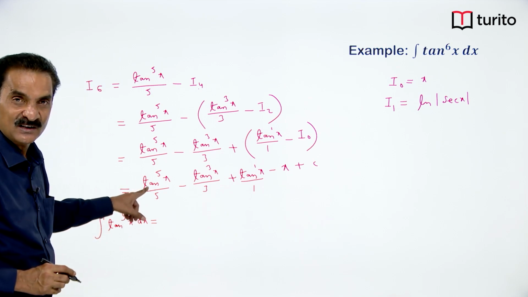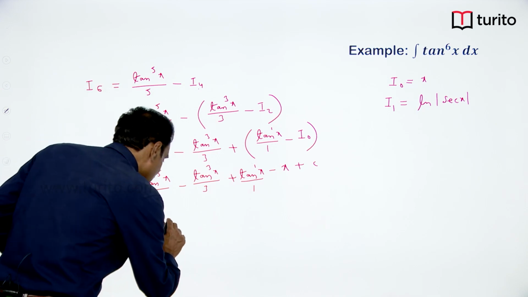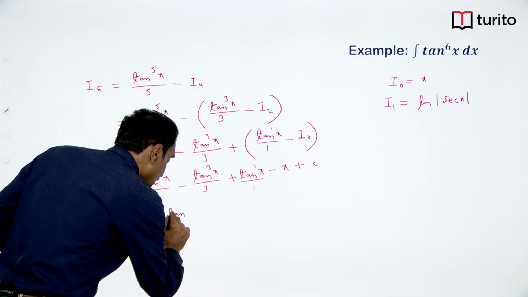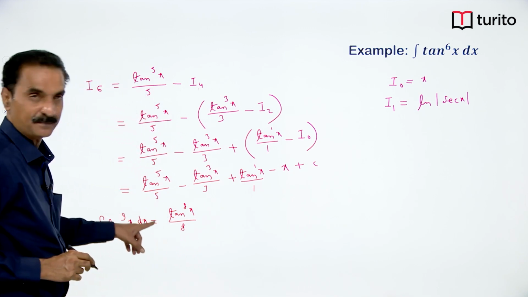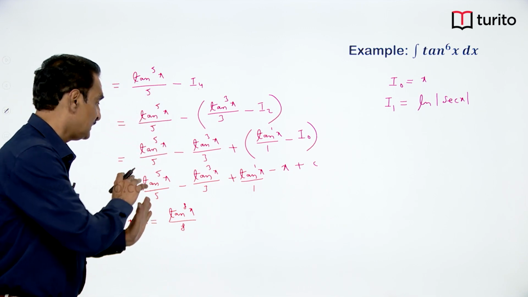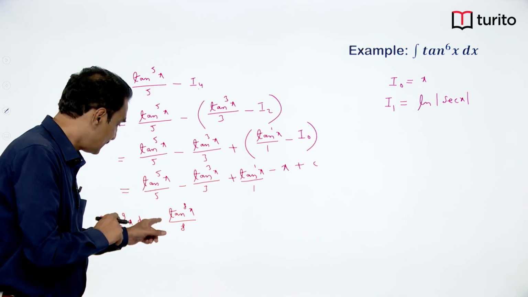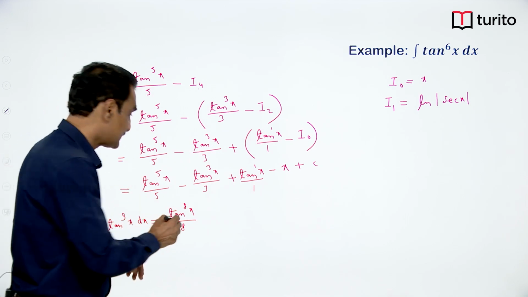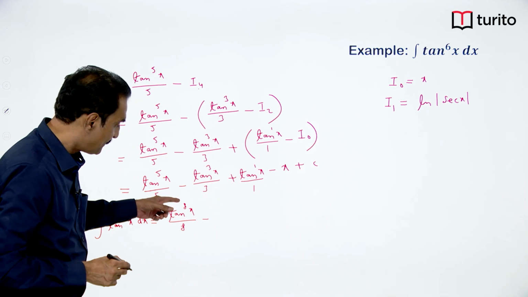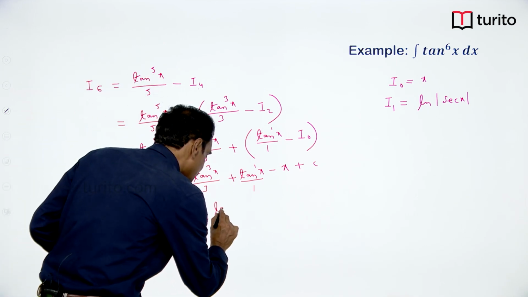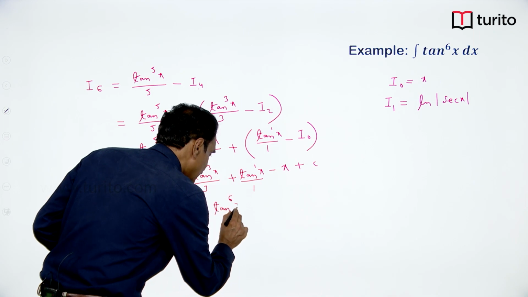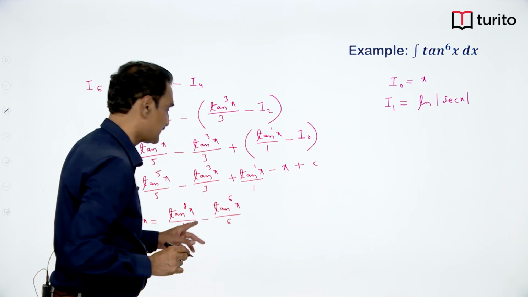First, tan power n minus 1x by n minus 1 means tan power 8x by 8, first step. From here, take alternate signs, started with plus sign, so next time will be minus. Reduce the power and denominator by 2, you will get tan power 6x by 6.